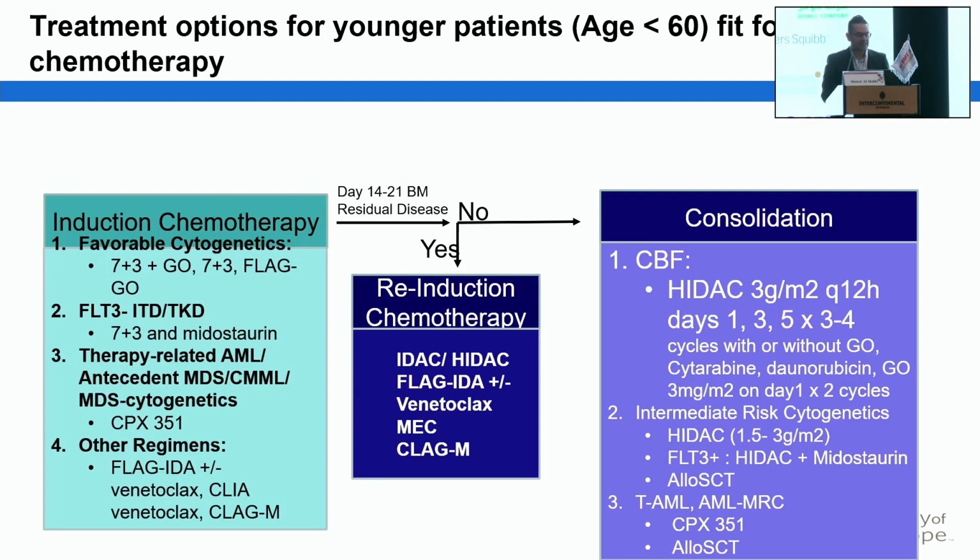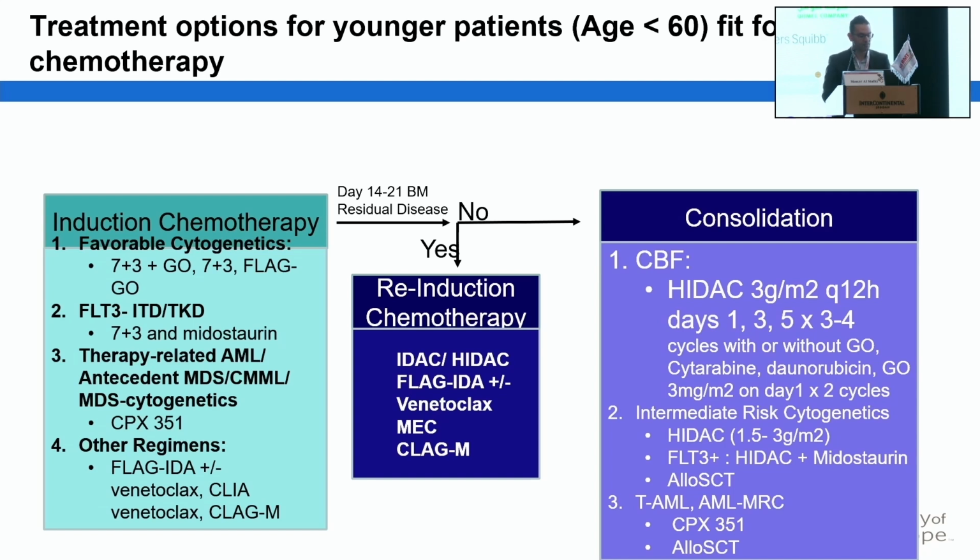So in this slide, I tried to summarize what we know about options that we use for younger patients who are fit for intensive chemotherapy. On the left side, you can see induction chemotherapy options.